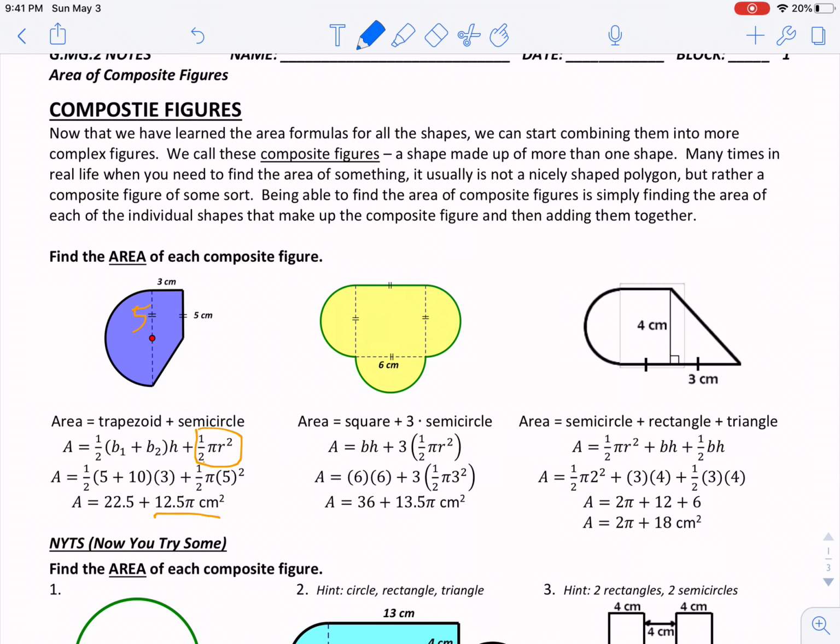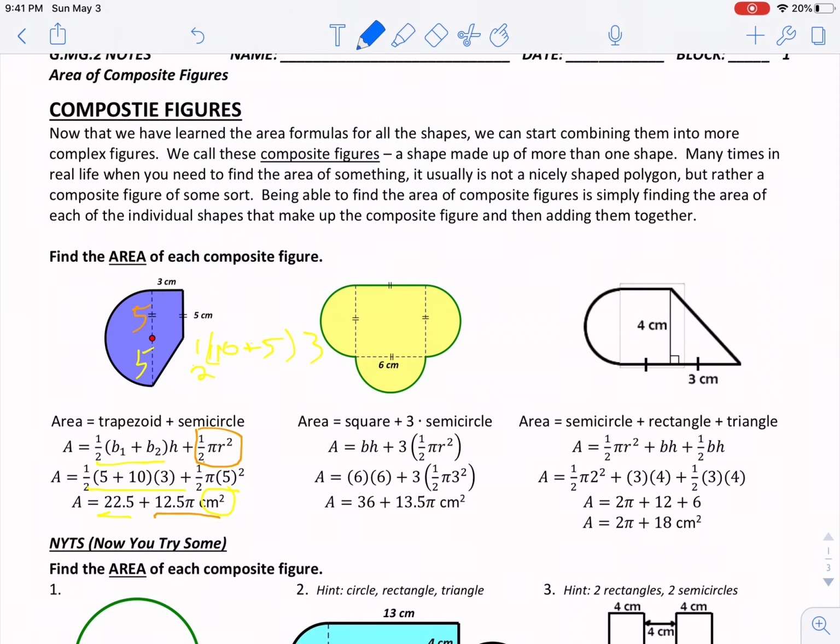So that base of the trapezoid is actually 10. And if we remember, trapezoid is 1/2 base 1 plus base 2 times the height. So 10 plus 5 times 3 times 1/2, which is what they got there. And when they do that, they get 22.5. Add it together, centimeters squared, because it's area.